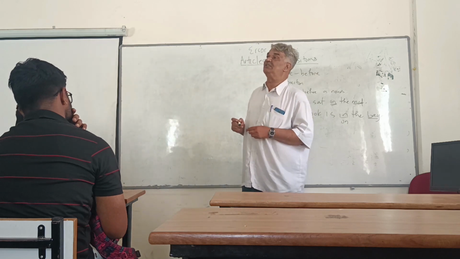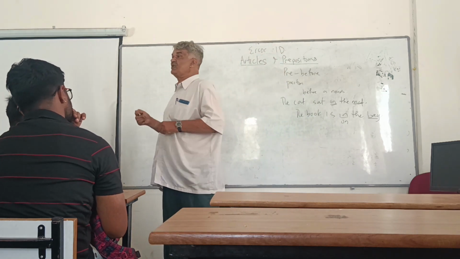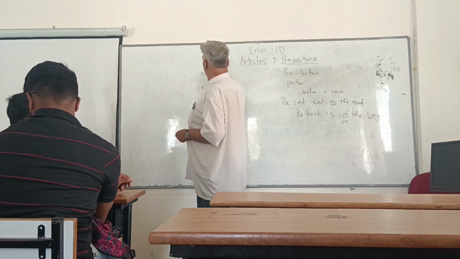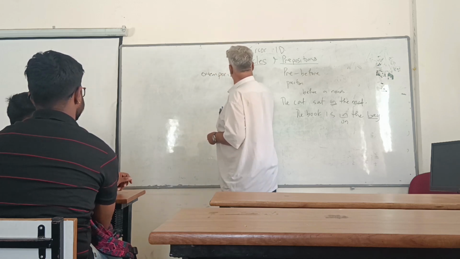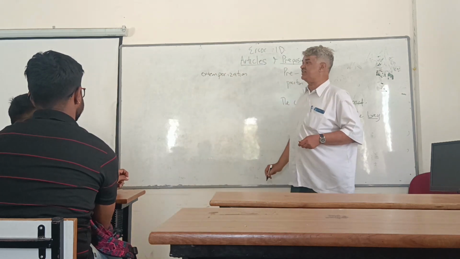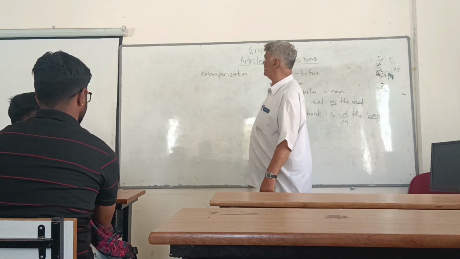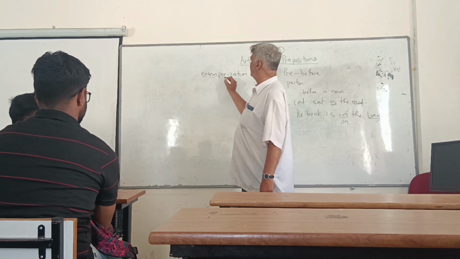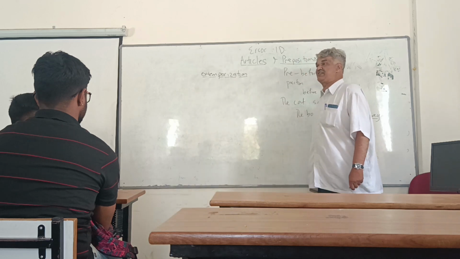What is a syllable? A syllable is a part of a word. For example, if I have a word like extemporization, how many syllables is that? 6.